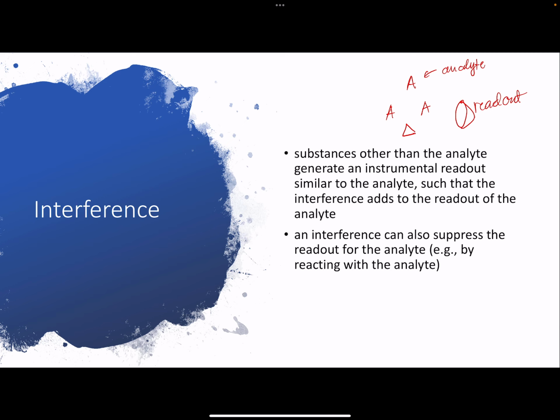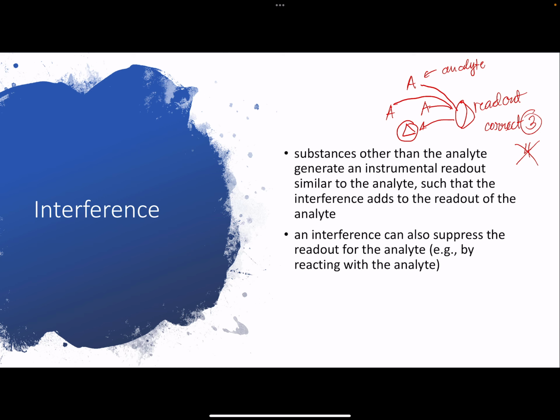Now, when our device reads out, it's going to read 1, 2, 3, and supposedly it stops there. But since you have a substance that looks like your analyte A, it's going to read it out as well. So the correct readout should only be 3. However, since there is a lookalike, it reads out 4, which again is incorrect. Okay, so that is one form of interference.